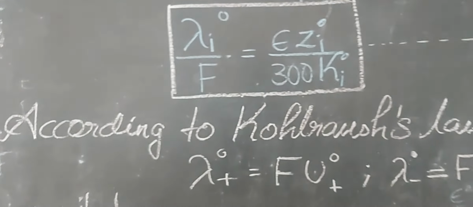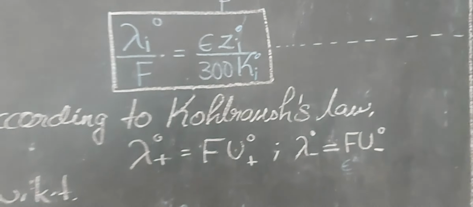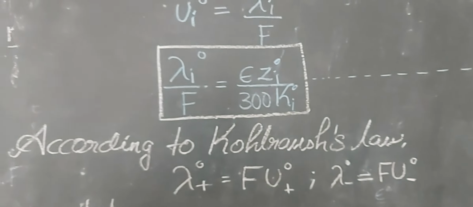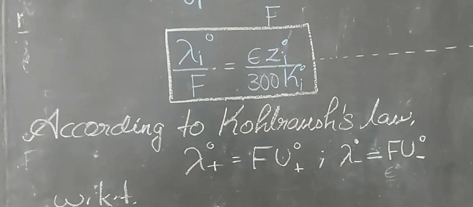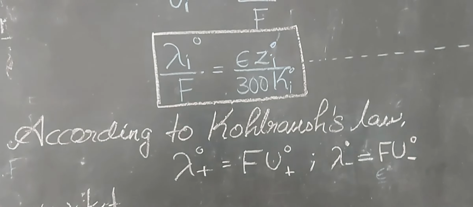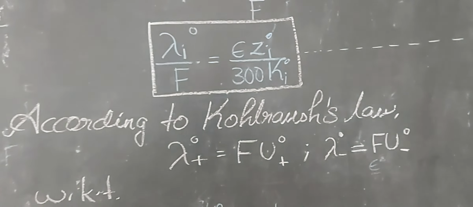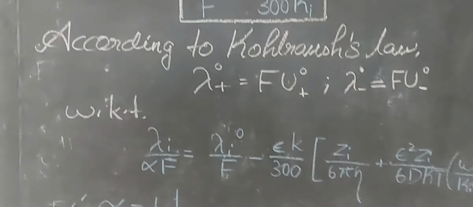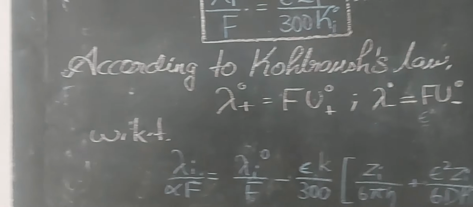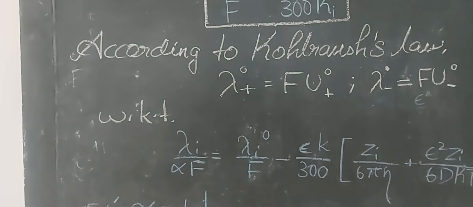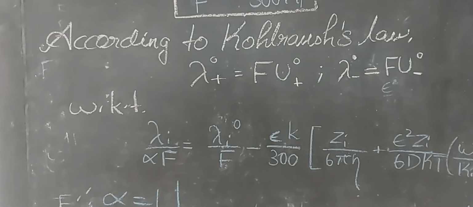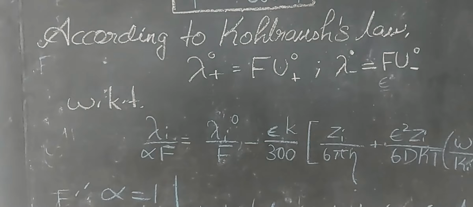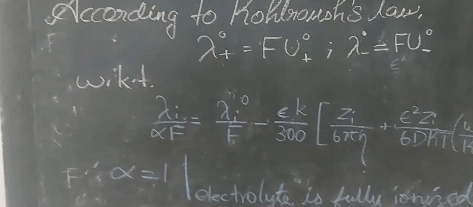And according to Kohlrausch law, we are converting the lambda naught equal to f u naught as in positive charge and negative charge. So we know that already lambda_i divided by f is equal to lambda_i naught divided by f minus epsilon naught epsilon k divided by 300 into the same term which we did in the before step. What is the alpha?